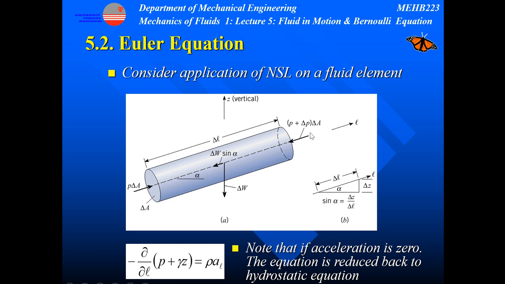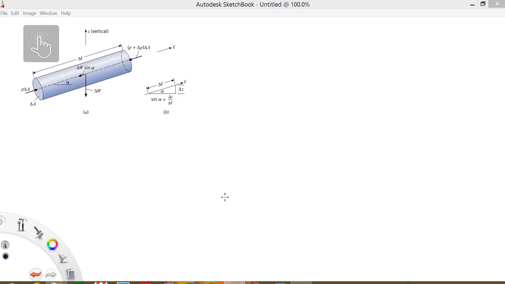And on this side we also have another pressure force. So this pressure force is also called the boundary force. So P plus delta P times A. So delta P meaning we have a change in the pressure. And we also have the weight of the fluid particle going downwards. So let me show you. So this is the fluid particle.